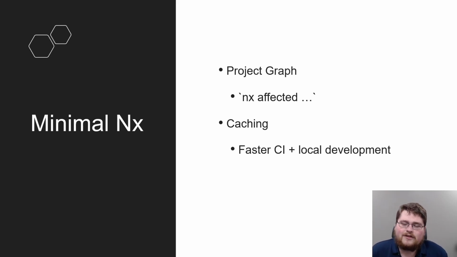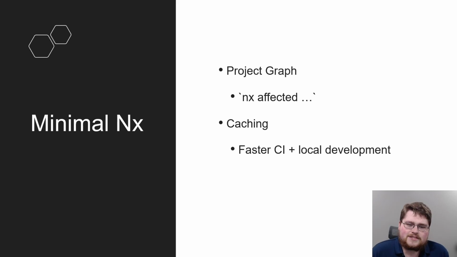And the project graph will allow us as a developer to be able to see what parts of the code base we're affecting when we make a change. The combination of these two will give us a lot more confidence as we'll be able to see that we're only affecting what we intend to. And we'll also be a lot more productive since we'll not be wasting time waiting for CI to complete. We'll not be wasting time waiting on things that we've already done locally to reoccur.